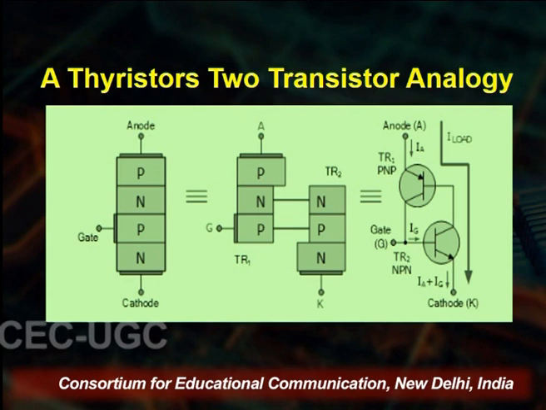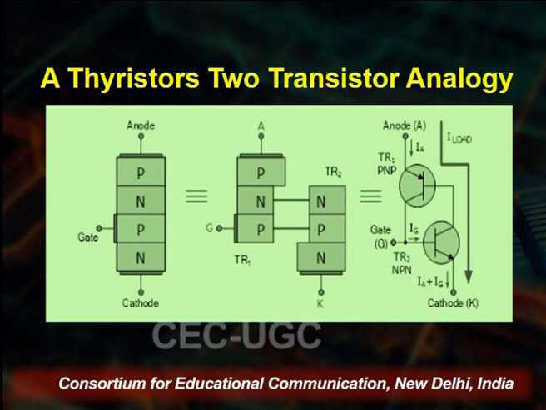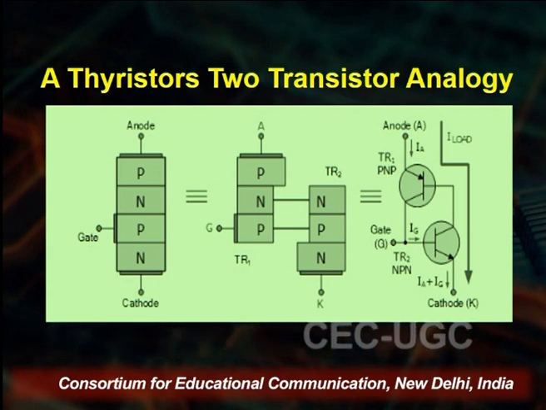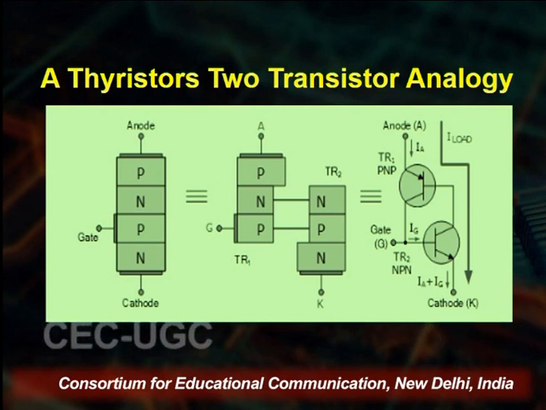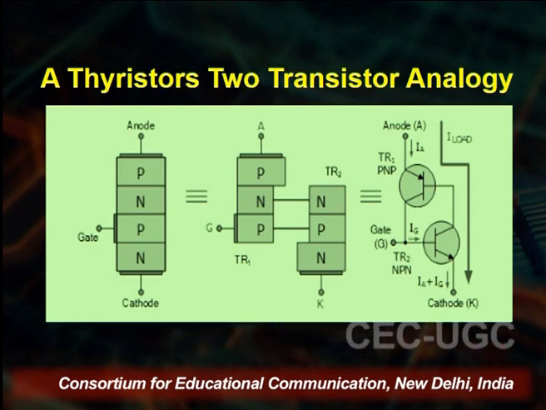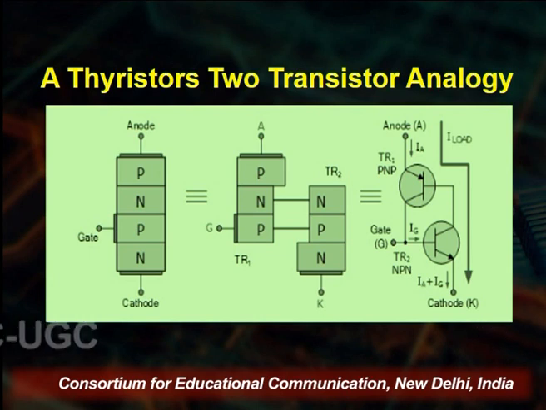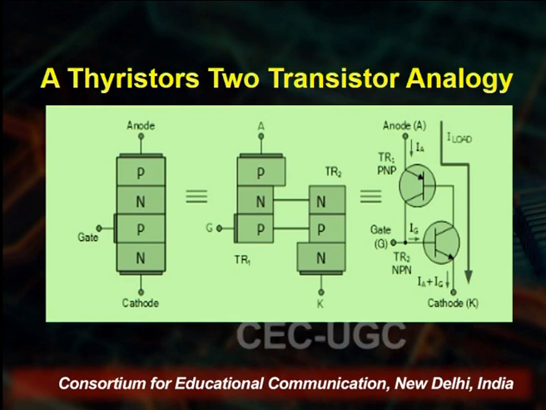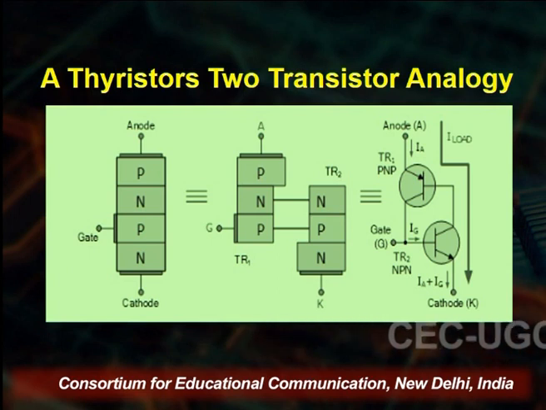On the left-hand side the full thyristor is shown, with anode, cathode and gate, and it is made from two transistors attached back to back. You see N and N are attached, P and P are attached. In this manner we get the layered arrangement PNPN. So this is the thyristor.